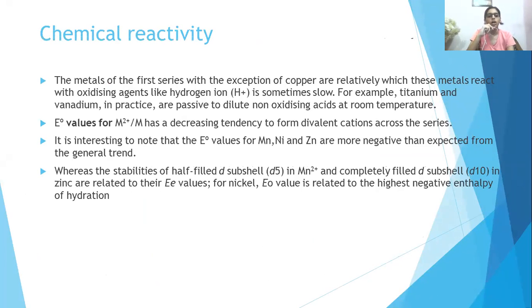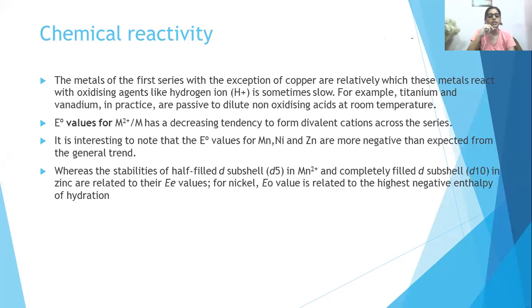The metals of the first series, with the exception of copper, are good reducing agents. Reaction of these metals with oxidizing agents like hydrogen ion is sometimes slow. For example, titanium and vanadium in practice are passive to dilute non-oxidizing acids at room temperature.